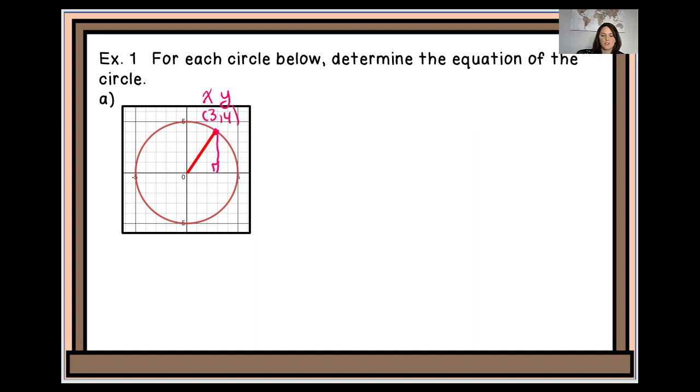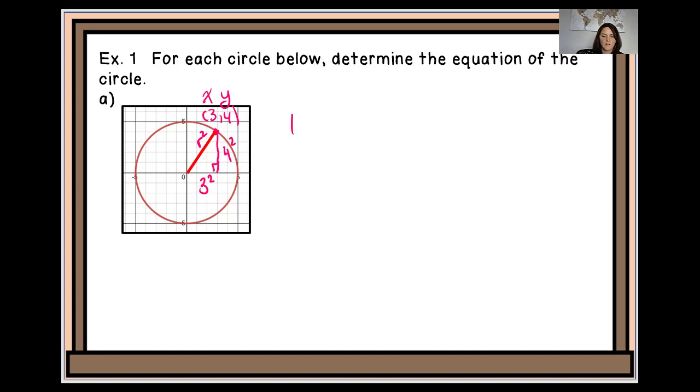So I can actually use the Pythagorean theorem to figure out the length of that radius. At the bottom I have 3, on the side I have 4. For the Pythagorean theorem, we know that 3 squared plus 4 squared is equal to the hypotenuse squared. In this case, I'm going to call the hypotenuse r.